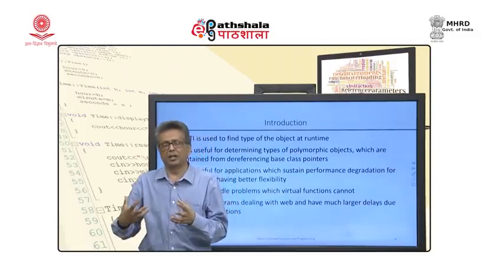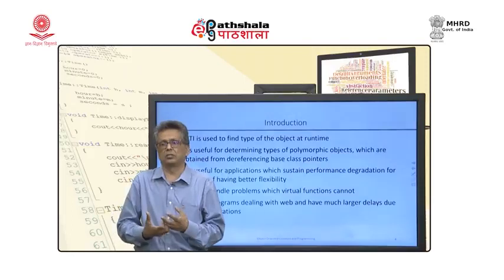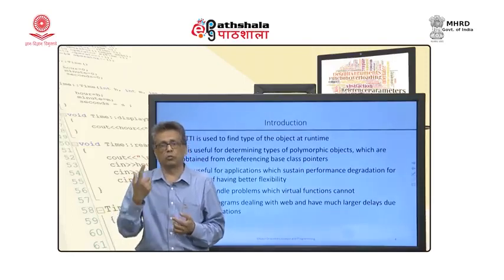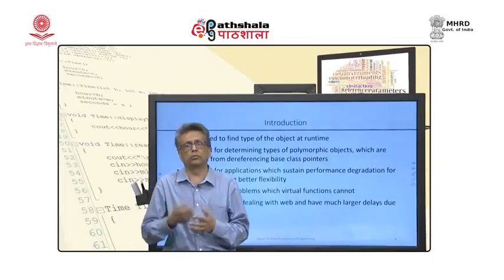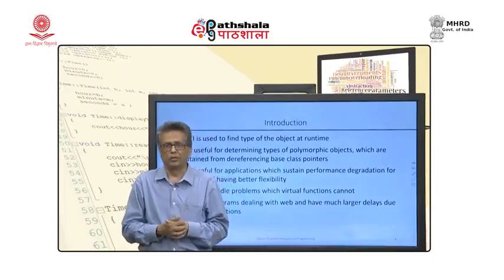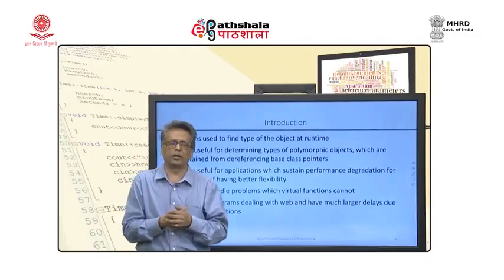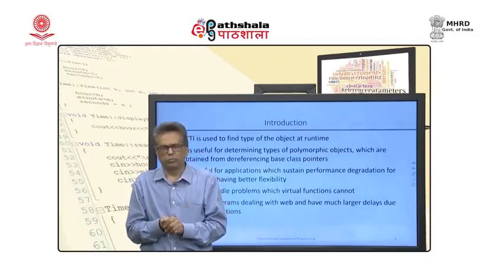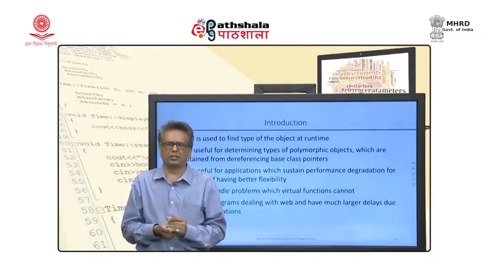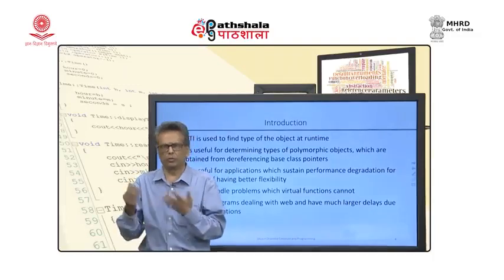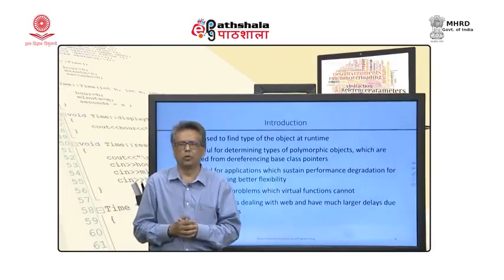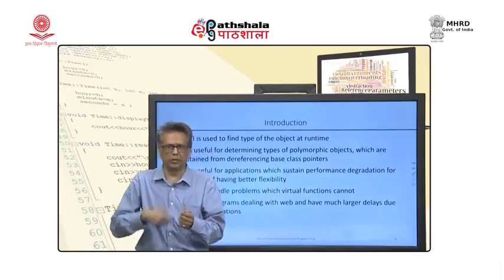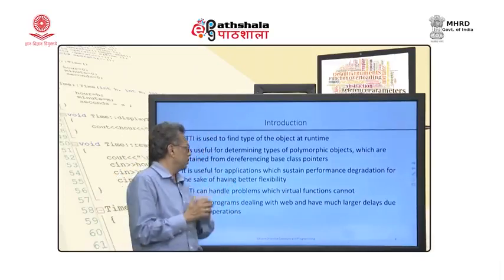Because RTTI demands construction of, first, a virtual table, and second, keeping something called a type info object associated with every class that you have, and that comes under the purview of RTTI. Those additional burdens you do not want to have, so you may not go for it. That is the reason why compilers do not keep it on by default. So, you need to turn it on. Okay.